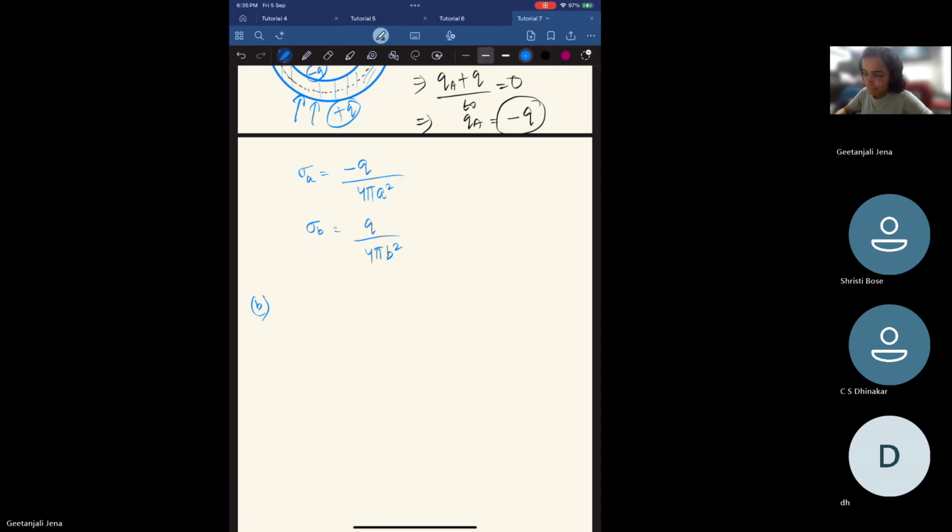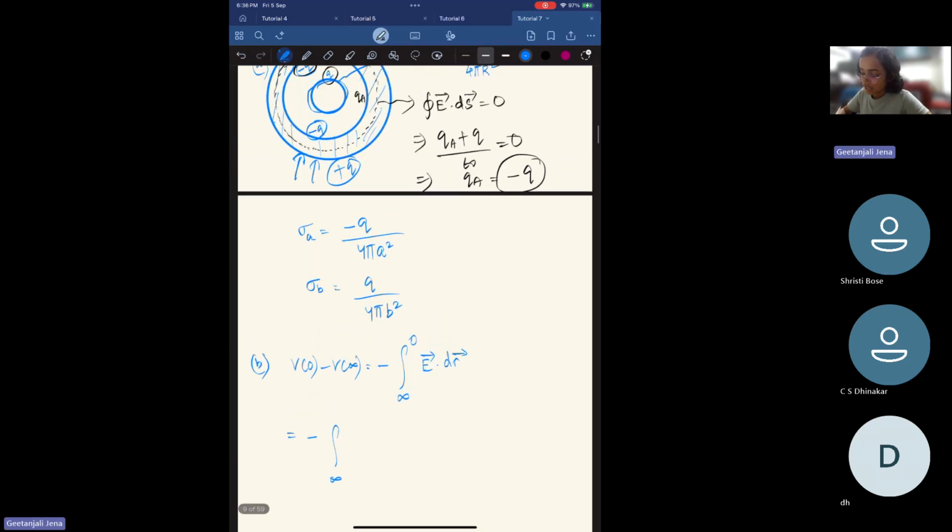The potential at zero, that is at the center, is nothing but the integration from infinity to zero of E dot dr. And the electric field is different in different regions, so it's better to take different integrations.